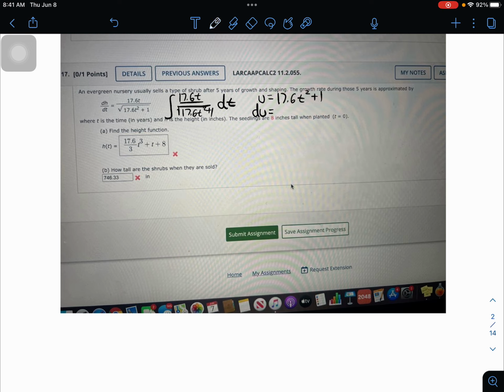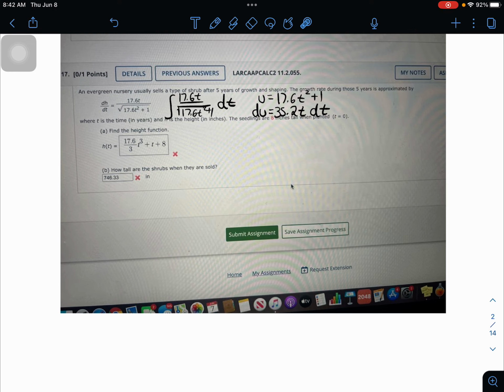So the derivative of that is going to be 35.2t. And I'm going to have a dt right there. Okay, so that's the derivative. I have du, I took the derivative of this whole function, which gave me 35.2t, then I have a dt right there.